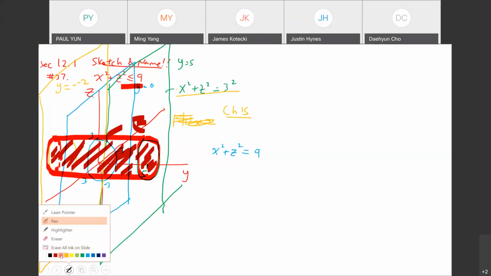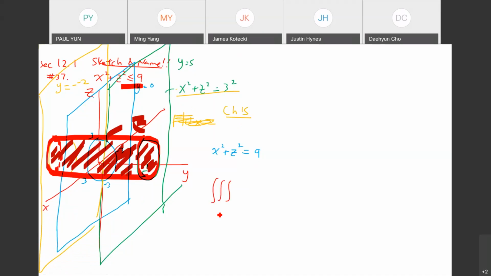Suppose the solid E, suppose its density function, densities. Suppose that this is made of a whole bunch of different material. The density means something like this, kilogram per cubic meter.